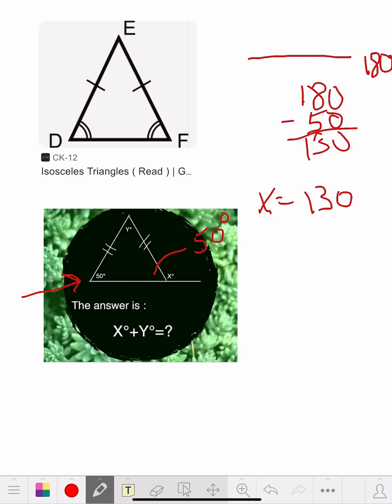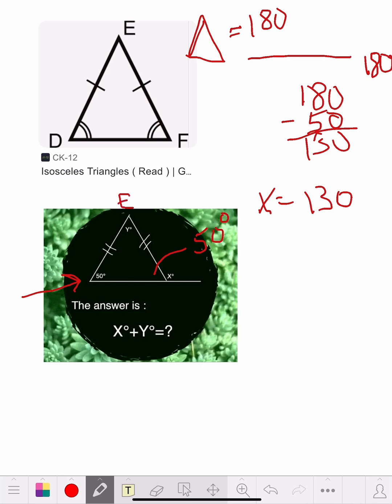But we also know that in a triangle, all three angles equal 180. Okay, all three angles. So if two of the angles equal 50, let's just use the ones that they have in the triangle above.